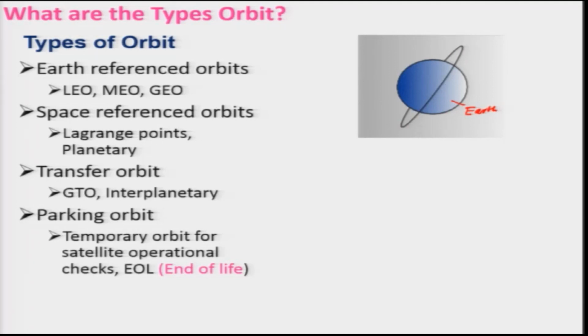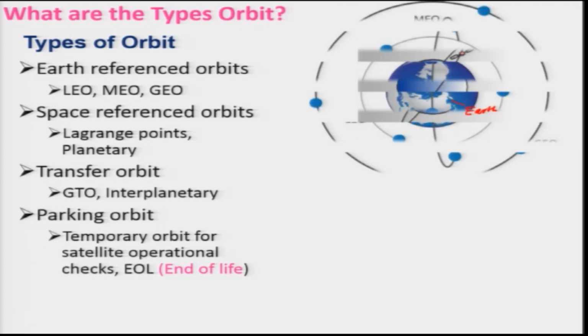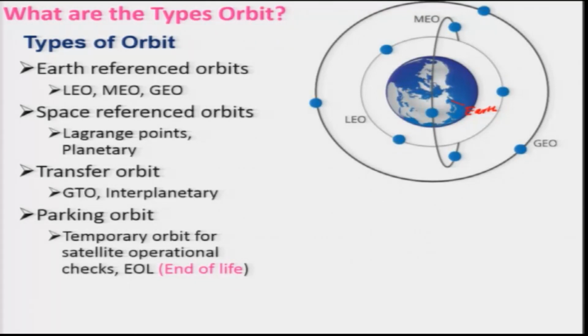So, if you look at this, this is your low Earth orbit, and this is your altitude h. Low Earth orbit will be around 160 to 2000 kilometers from the Earth's surface, and this is very much preferred because it is nearer to the Earth.